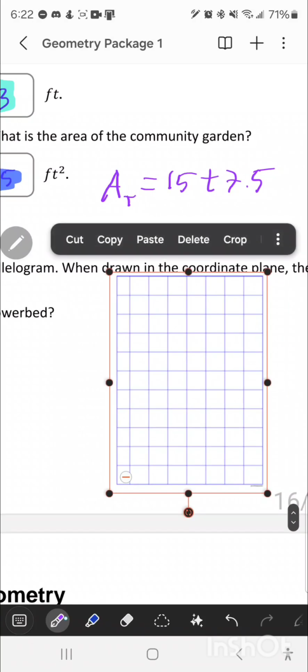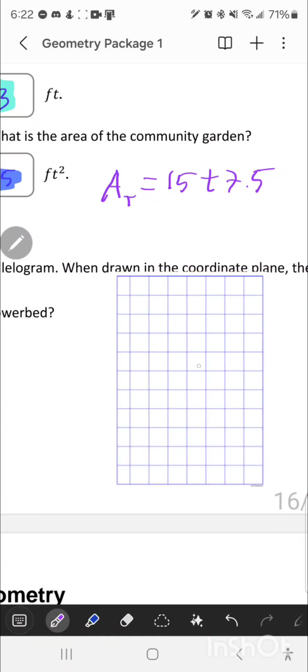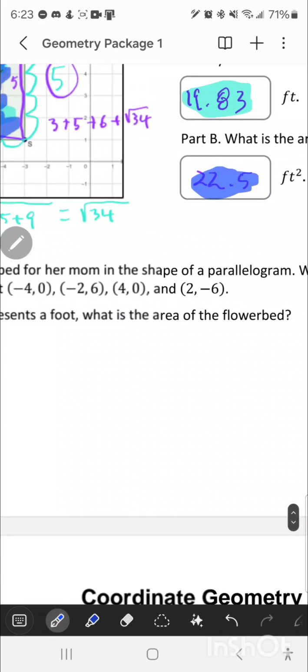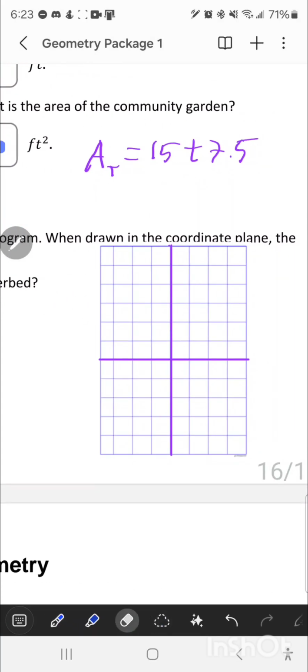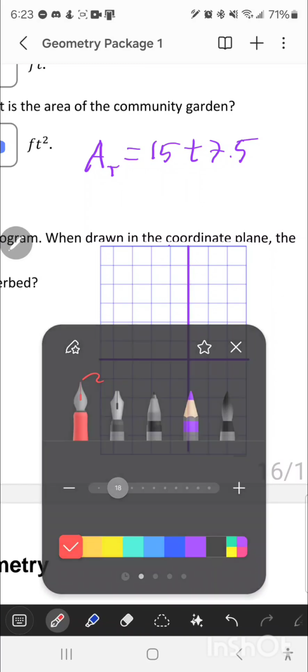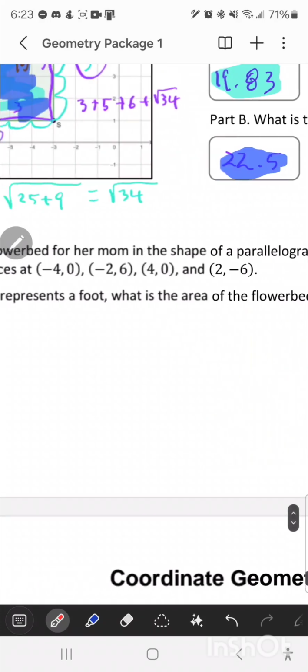Anyway, so we draw this. Okay, now -4, 0 will be right here.